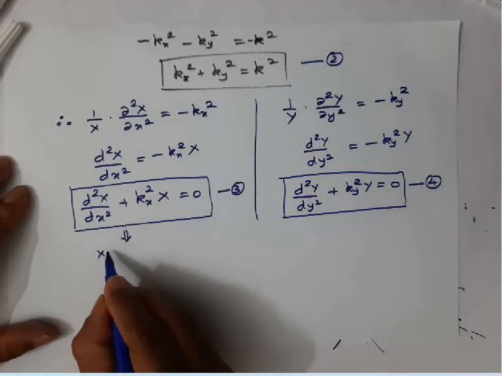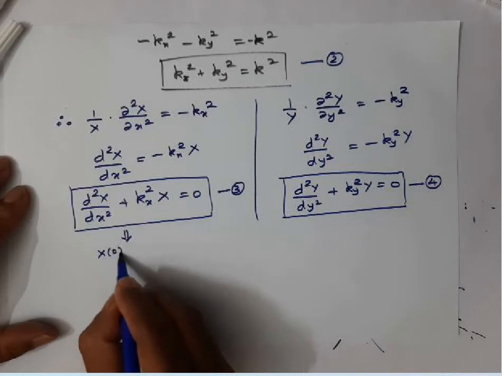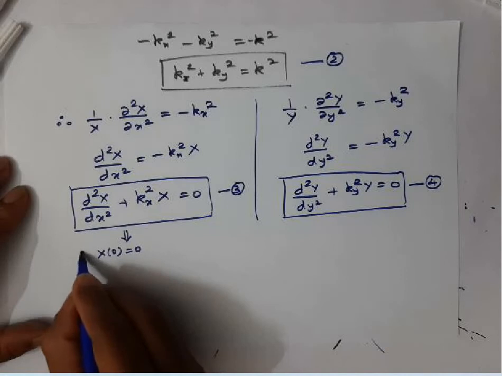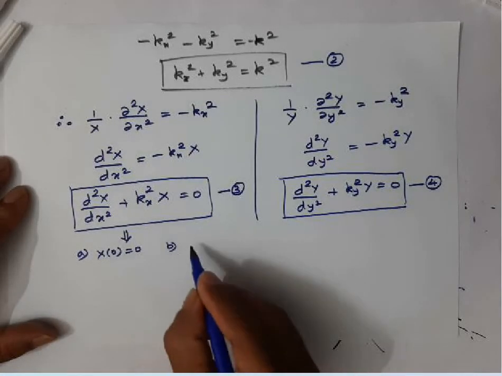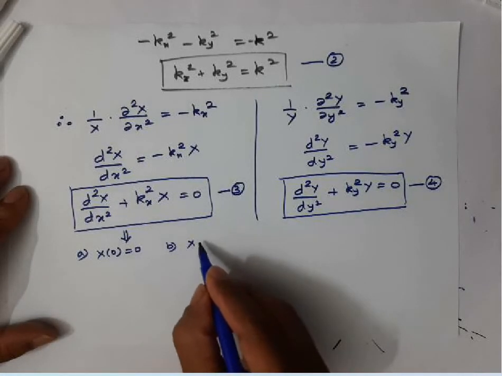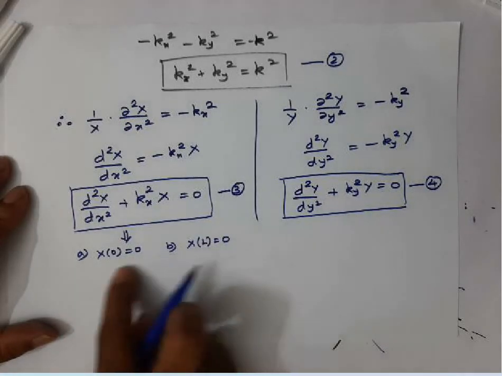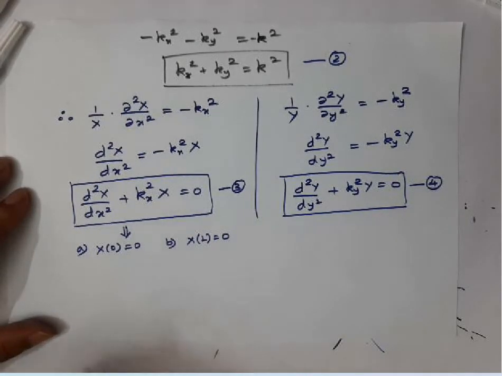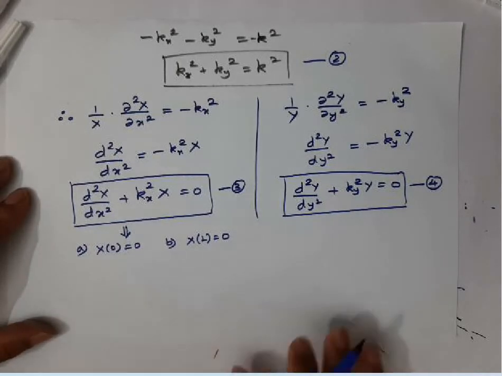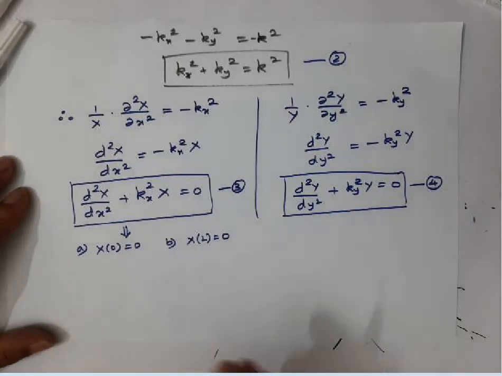The wave function becomes 0 at x equal to 0. This is the first boundary condition, and applying the second boundary condition, the wave function becomes 0 at x equal to L. Applying these two boundary conditions, we can get the expression for energy and the expression for wave function.